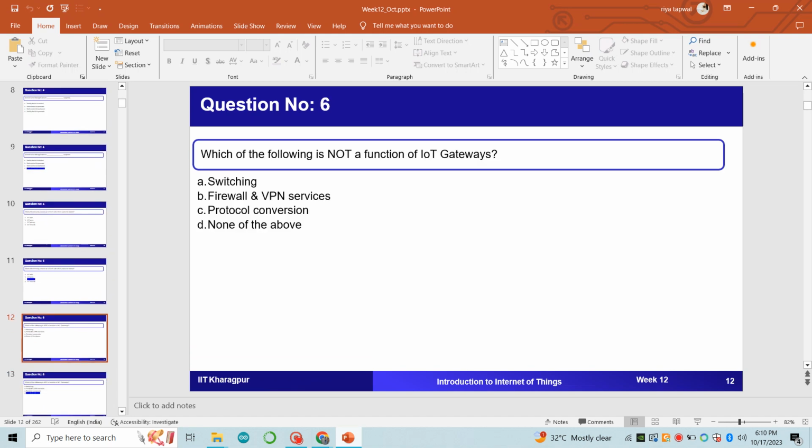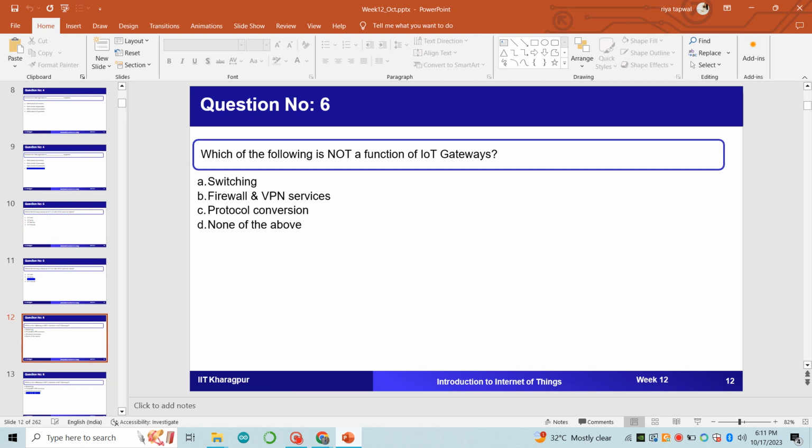Next question is, which of the following is not a function of IoT gateways? Options are switching, firewall and VPN services, protocol conversion, none of the above. Option A, switching. Okay, anyone else?